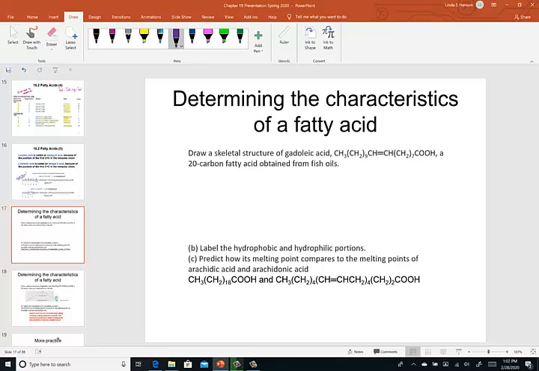Let's think through this a little bit. We're asked to draw the structure of gadoleic acid. It's got 20 carbons in it, and it's obtained from fish oils. All right, 20 carbons. So you know what I noticed? I have a methyl, then 9 more.